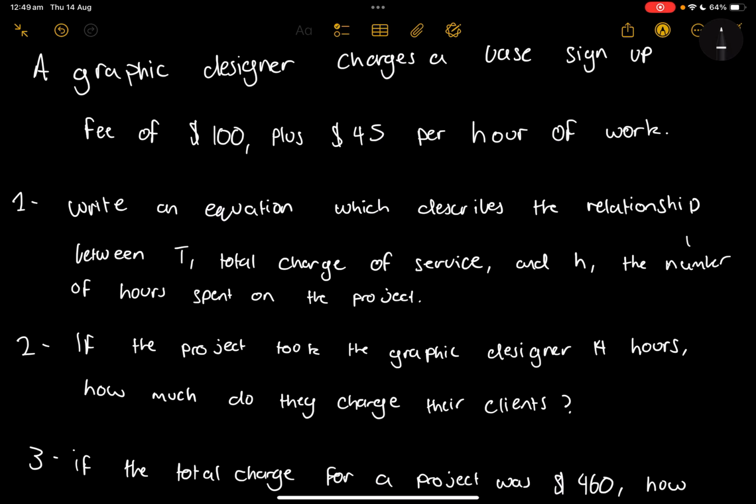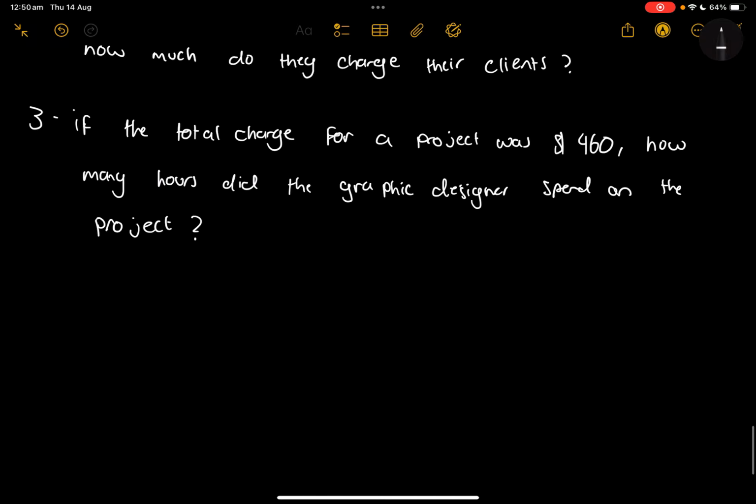Alright, so if you said to set it up like this, then you'd be correct.